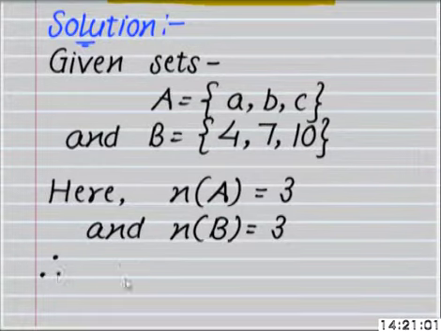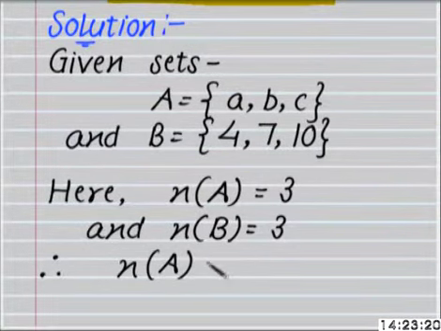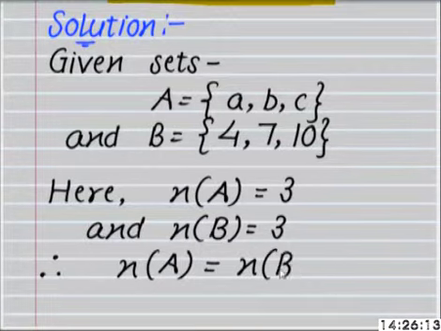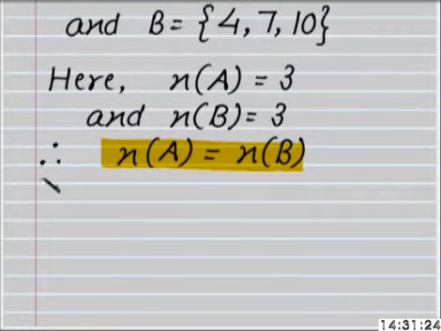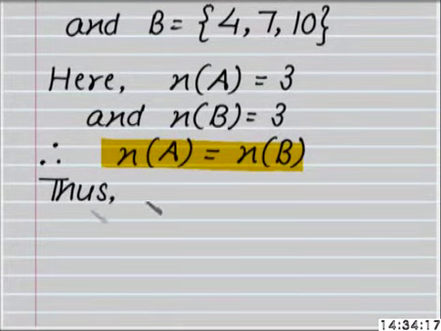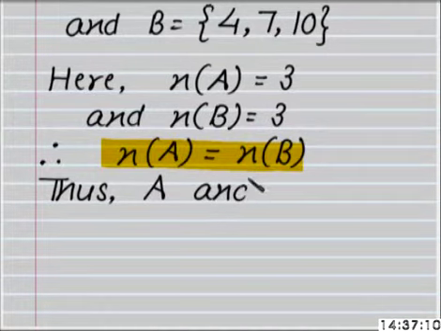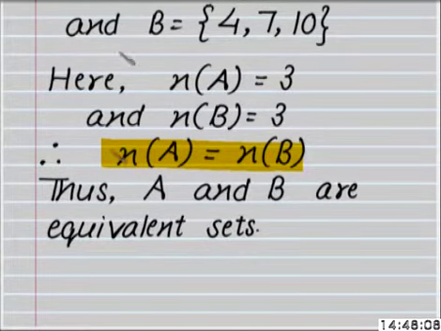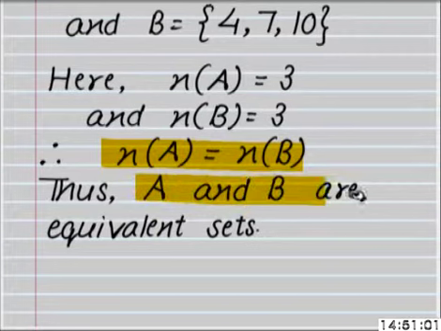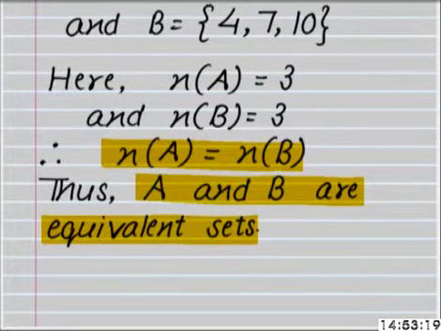So therefore we can say that number of elements in set A is equal to number of elements in set B. Thus we can say that set A and set B are equivalent sets because we know that two finite sets are said to be equivalent if they have the same number of elements.